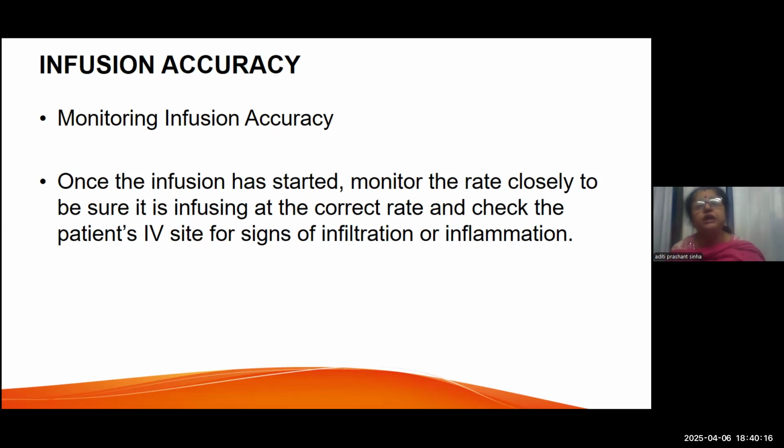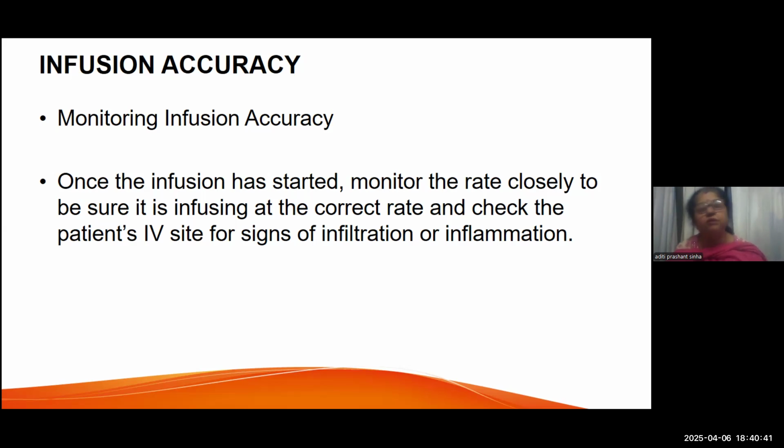So you have to monitor the infusion accuracy. Once the infusion has started, monitor the rate closely to be sure that it's infusing at the correct rate and check the patient's site for any sign of infiltration or inflammation. Many times it happens, you've already started the drip, accuracy is maintained, but the medicine which is flowing is infiltrating into the tissue rather than going into the vein.